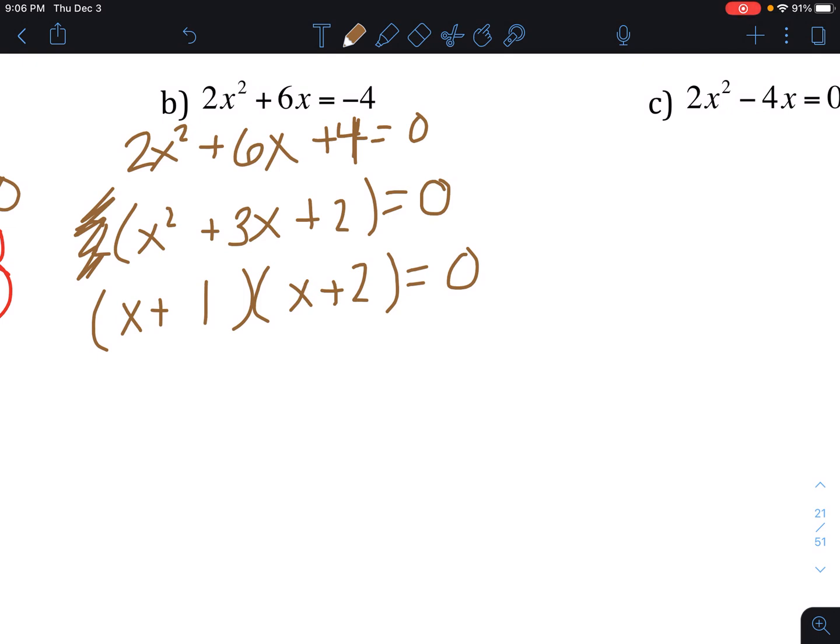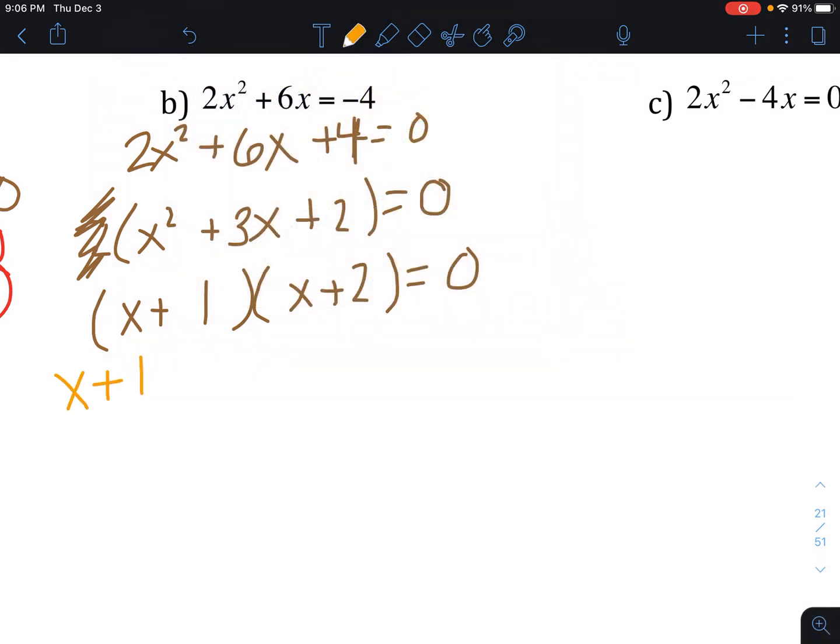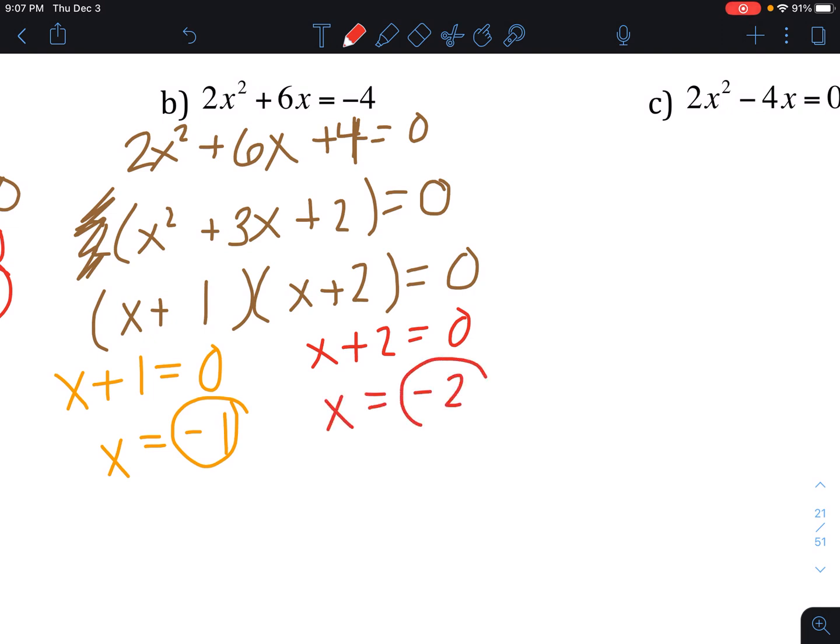Okay, so now that it's factored, I can go ahead and set each factor equal to 0 and solve. That would be x equals -1. And then the other one, x plus 2 equal to 0. Subtract 2, and you get -2.